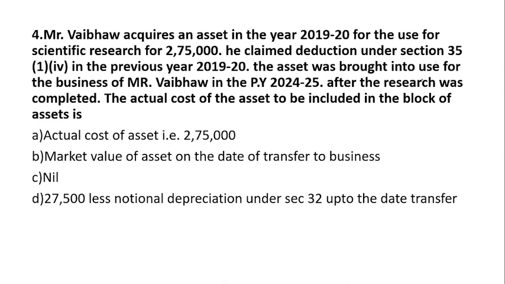The asset was brought into use for the business of Mr. Weber in the previous year 2024-25. Okay, this is not previous year, it's an assessment year. After research was completed, actual cost of asset to be included in the block of asset.